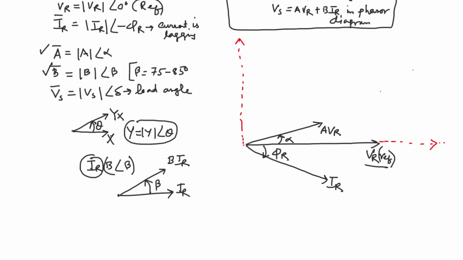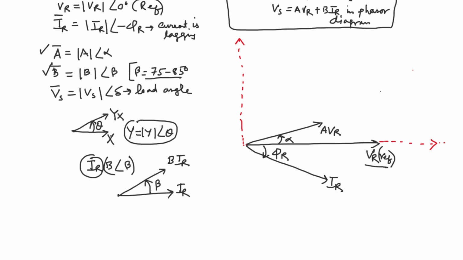So now we use an approximation. The practical value of beta is 75 to 85 degrees, but for the clarity of the drawing, for better understanding, we use beta equal to 90 degrees.